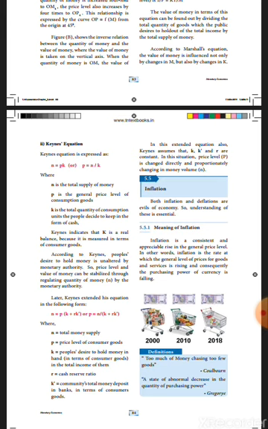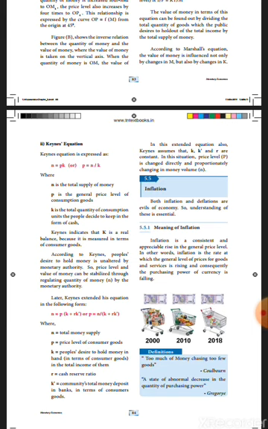N refers to total supply of money, P refers to price level, K refers to the money people hold in hand, and R refers to cash reserve ratio. K dash refers to the community's total money deposit in banks.